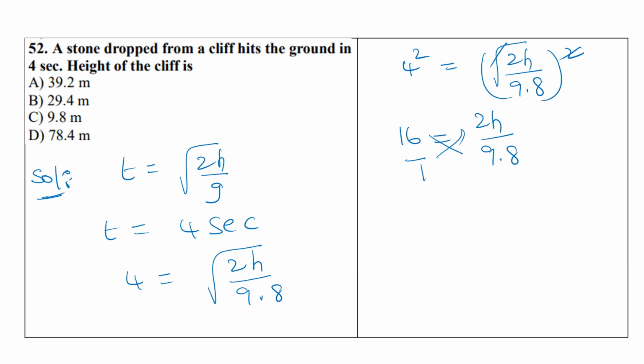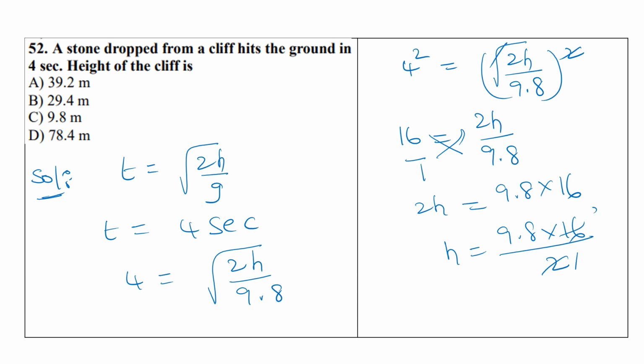Taking cross multiplication, 2h is equal to 9.8 into 16, so h is equal to 9.8 into 16 by 2. 2 ones are 2, 2 eights are 16, so h is equal to 9.8 into 8, that is 78.4. Therefore the height of the cliff h is equal to 78.4 meters.